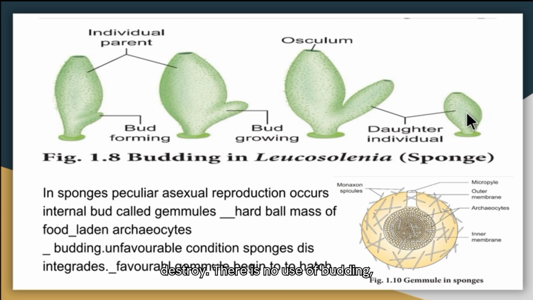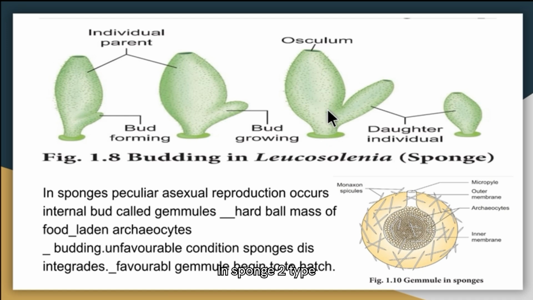There is no use of budding. But inside this bud, the gemmule is present. The gemmules have the food materials. So that when the conditions become favorable, the gemmules begin to hatch.